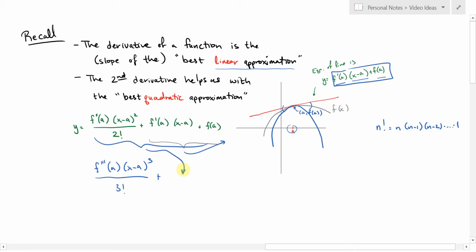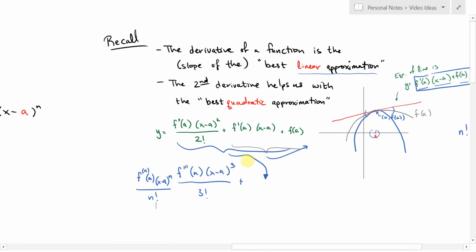So the second, first, and 0th order terms come from the best quadratic approximation, and that's the name of the game. We just keep adding a higher order term, and it's always going to be of the form the nth derivative of the function f at a times (x minus a) to the nth power all over n factorial for all values of n. You can keep going as much as you want.